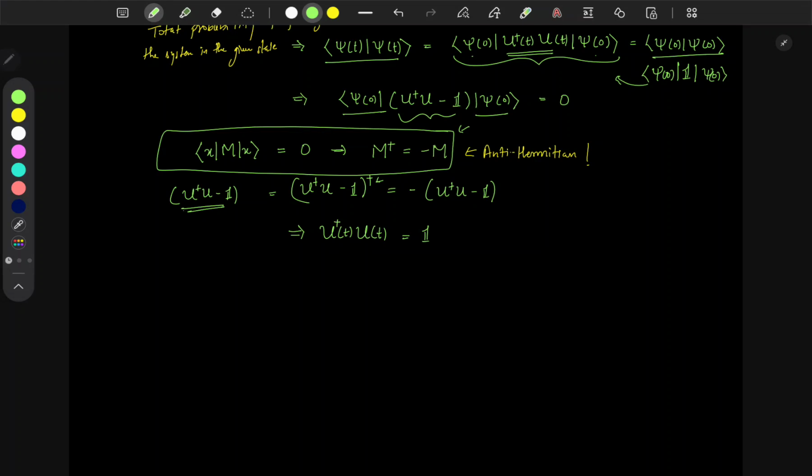Now if you think of it as m, this is equal to minus m, and this is equal to m as well, that means m has to be 0, that means this quantity has to be 0, and that's why u dagger u is equal to the identity operator. And this condition is what we call unitarity. So an operator which satisfies this property is called a unitary operator.